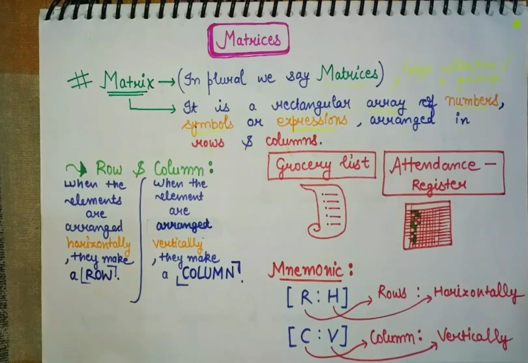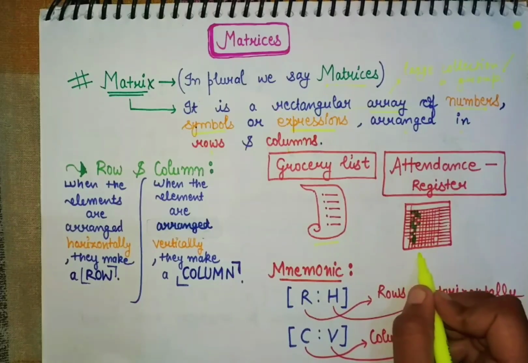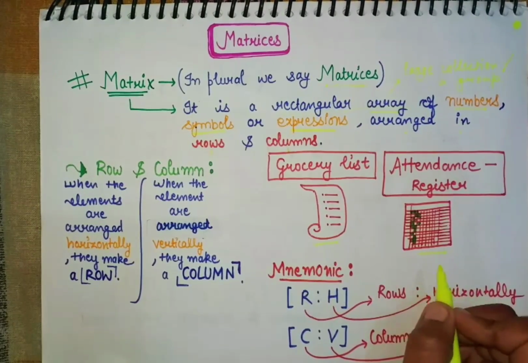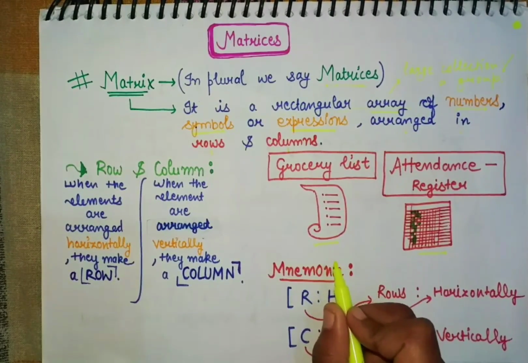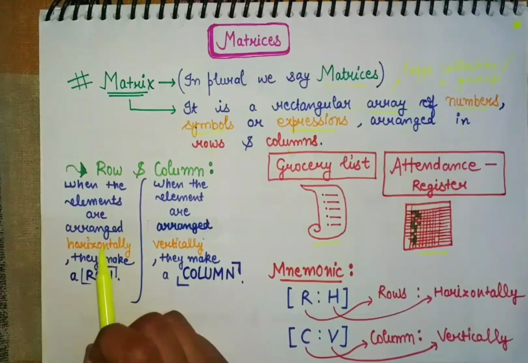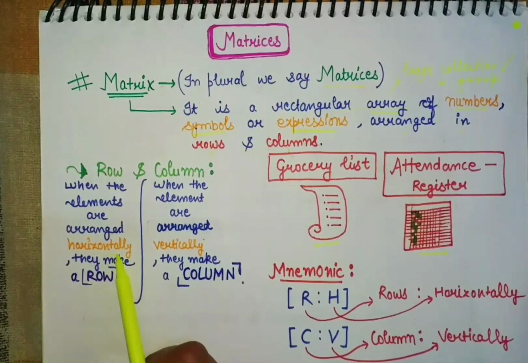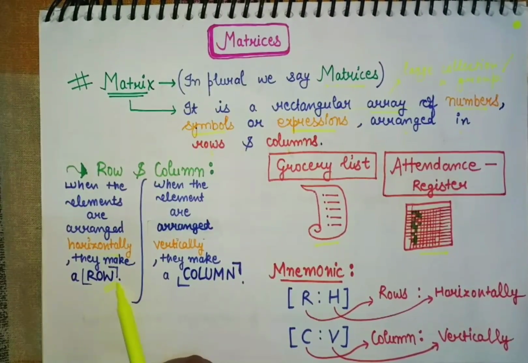You all would have made a grocery list once in your life, or seen your teacher marking attendance in an attendance register like this and this. Oh yes, we all use row and column patterns in our daily life. So look at the row. When the elements are arranged horizontally, they make a row.